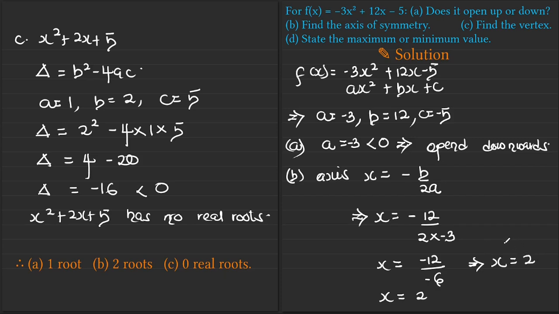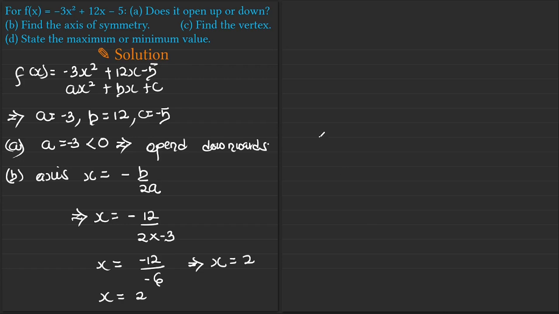It is the vertical line whose equation is x equals 2. We always know what we can use this for. We can use it to find the vertex. So that takes us to C, which says we should find the vertex. For the vertex, we will always have to put the x value into the function.